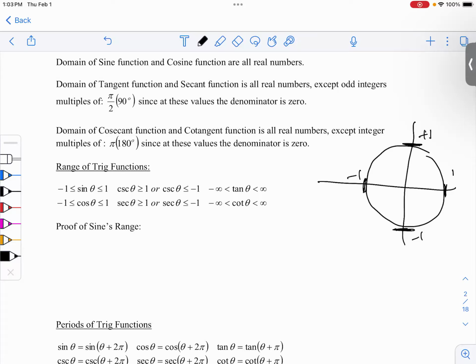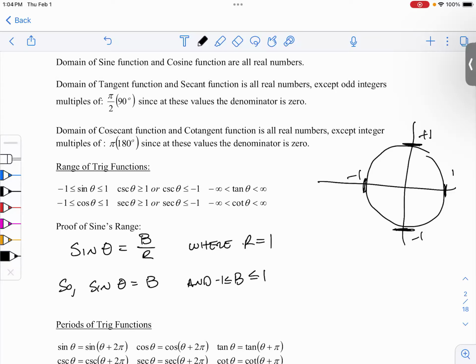And the proof of that is simply that sine of theta equals b over r, where r is 1. So sine of theta actually equals b, and b is technically in the range of -1 to 1.